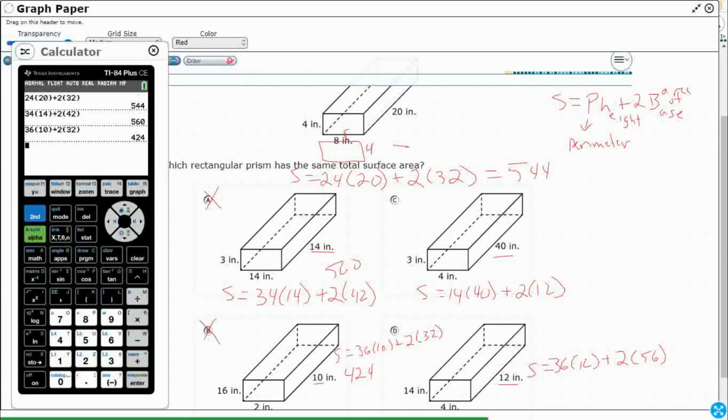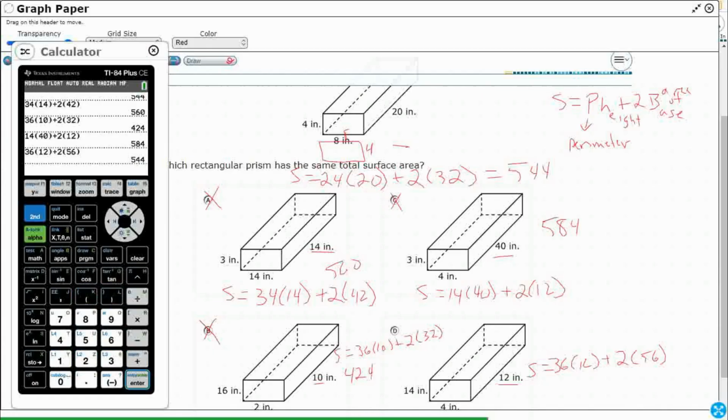Let's look at C. All right, we've got 14 times 40, and then 2 times 12. Add those two together. No, 584. So let's hope it's this last one, D. So we've got the 36 times 12 plus 2 times 56. There we go. Right there in front of us. The answer is D, 544.